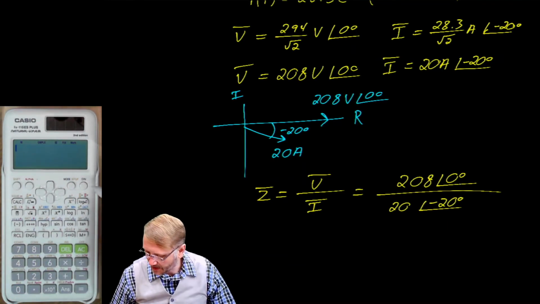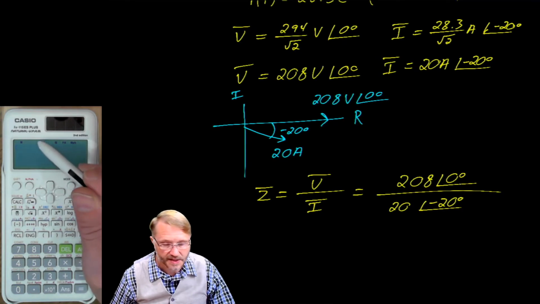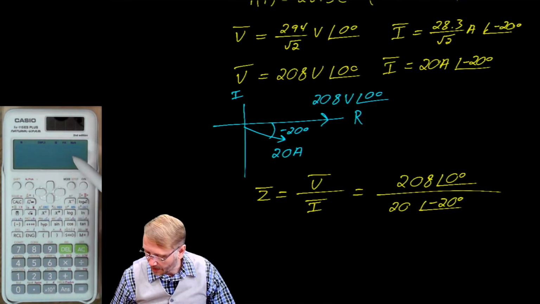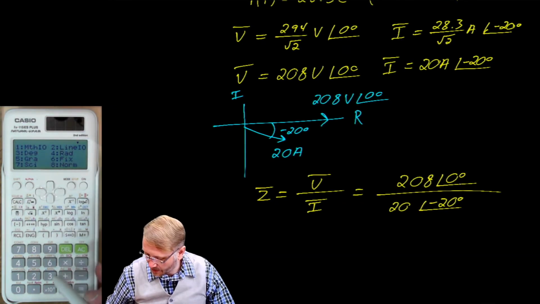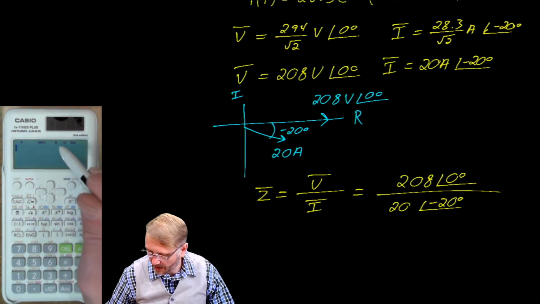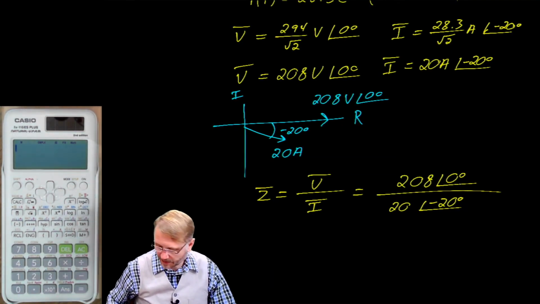Before we get started, make sure your calculator is set up correctly. Go to Setup. Make sure you're in complex mode. You'll know you are because you have this complex symbol right here. Now also make sure you're in degree mode, which is right here. So go Shift, Setup, and then 3. Again, you want it to be complex and have that D lit up.